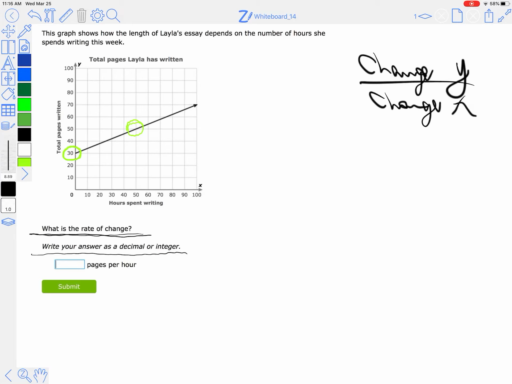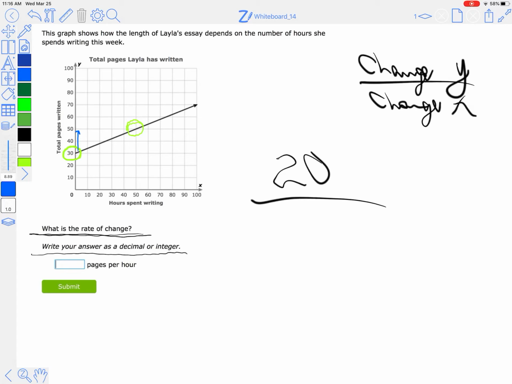And we're going to look at the change in y first. That change in y means vertically, up and down. So I go from 30 up to 50. If I went from 30 up to 50, that is a change of 20. So my change in y is 20. Now I'm going to look at my change in x.